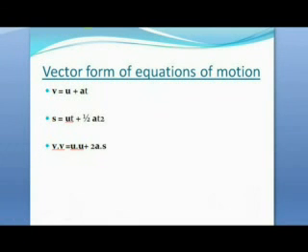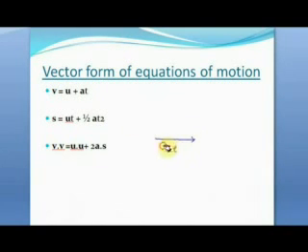Now let's see the vector form of equations of motion. So first we'll see the equation v is equal to u plus at. So this can be thought of as, suppose this is a vector u and this is a vector at. So this will be our vector v, which is equal to u plus at. Similarly, displacement is equal to ut plus half at square.